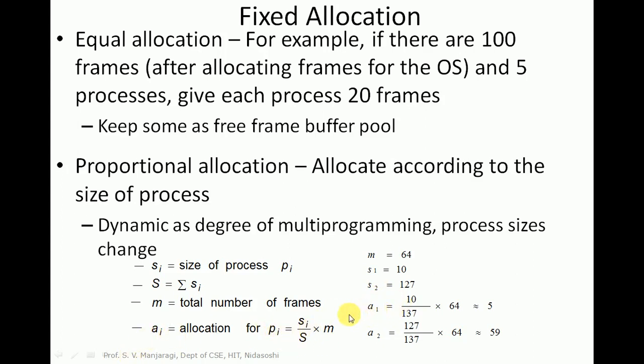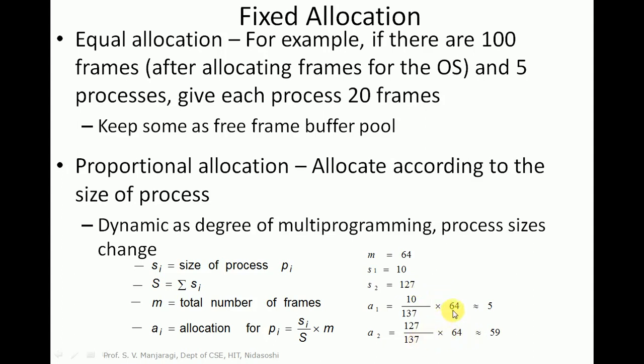The formula is SI divided by S. S1 is 10, divided by the summation of these two, capital S, which is 137. 10 divided by 137, into the total number of frames available, that is 64. Here process P1 is allocated approximately 5 frames because its size is less, it is 10, and the size of P2 will be 127.